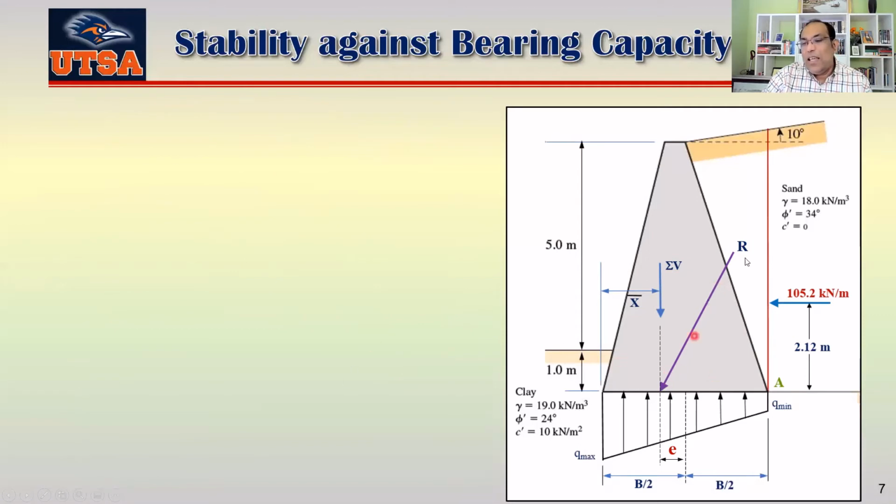You can see this is your resultant force, and this one is your psi, your inclination angle with the vertical, right? To find that, we use this equation: psi is tan inverse of this divided by this. Okay, so we get 13 degrees.